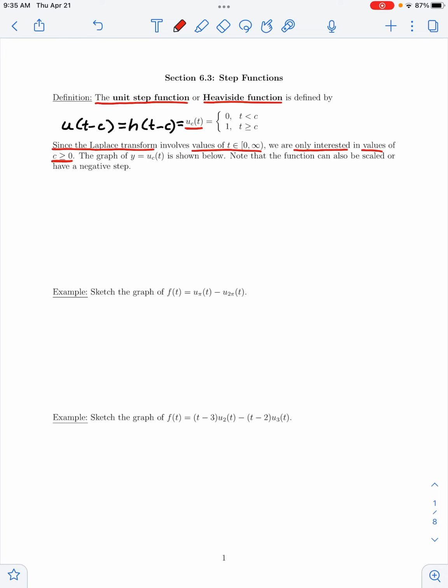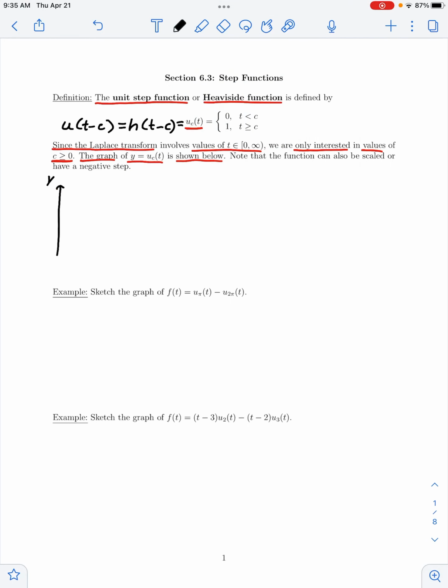Now to better understand or help visualize this unit step function, let's consider its graph. Here the graph of y equals u sub c of t is shown below.